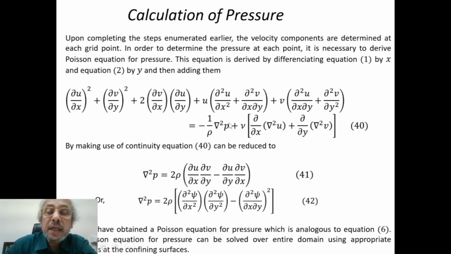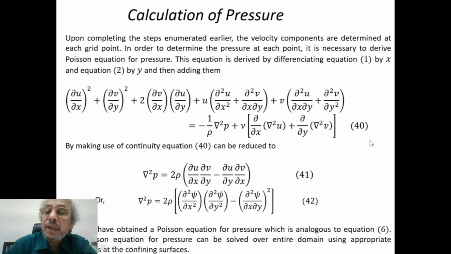And the right hand side we clearly get basically the Laplacian of p. So that is basically 1 by rho grad square p equal to plus nu times del x of grad square u plus del y of grad square v.